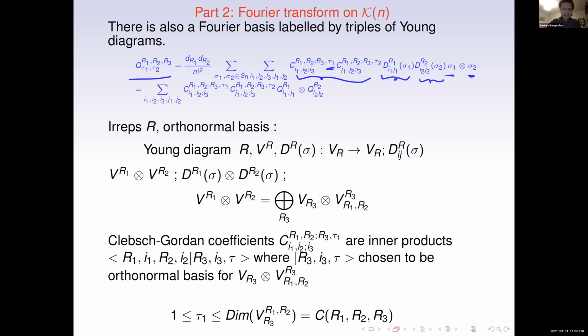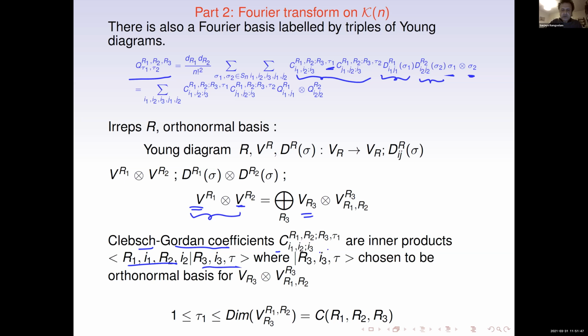So there's some number of invariants, or another way to think about it is VR1 tensor VR2. Take two Young diagrams, tensor the representations, decompose them into irreps. There is a change of basis from the product basis, if you have some orthogonal basis here, into this new irrep basis. And that change of basis is given by the other Clebsch-Gordan coefficients.